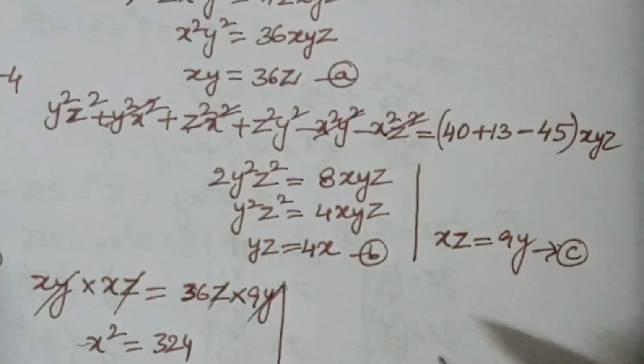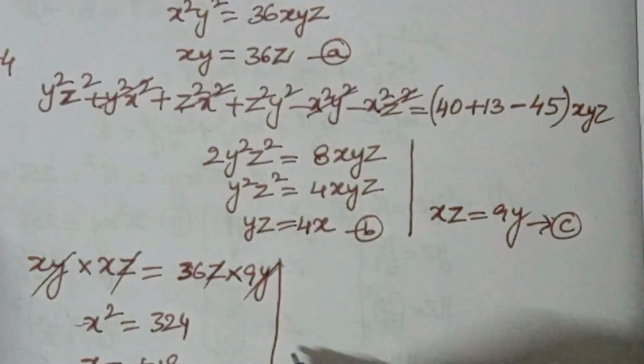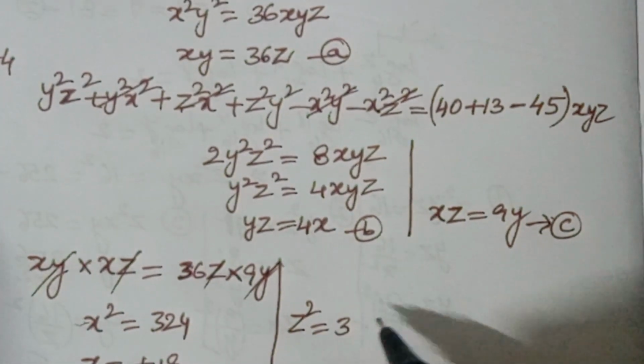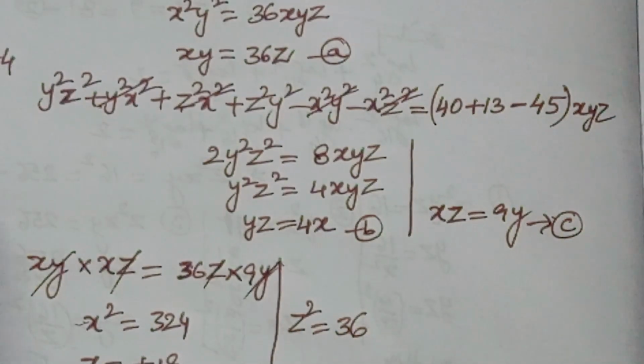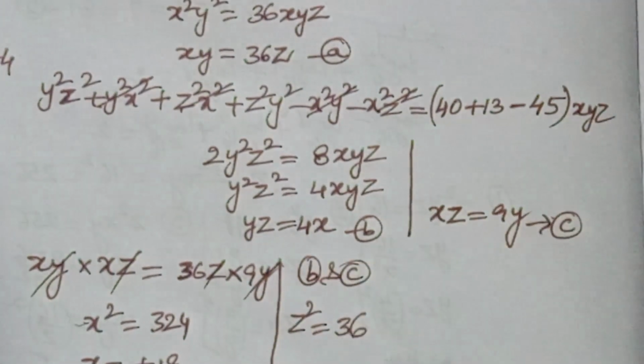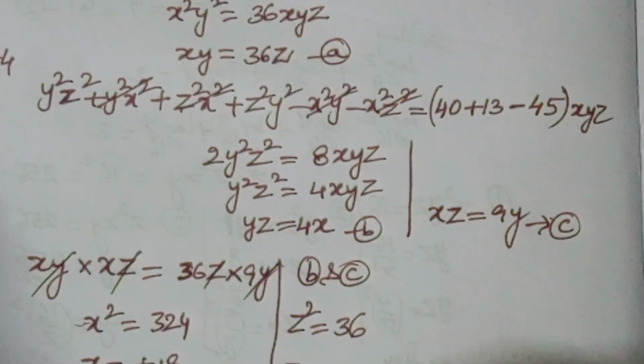In the same way, if you multiply b and c, you will get z square equal to 36. z is equal to plus or minus 6.